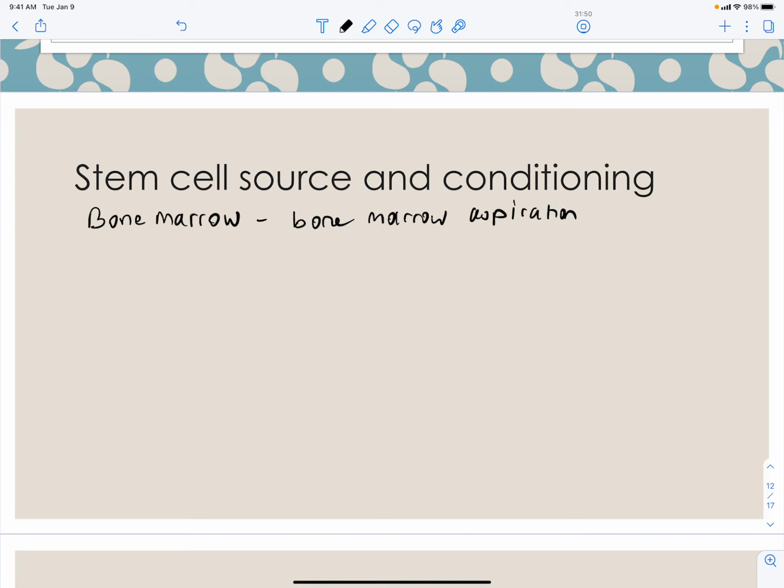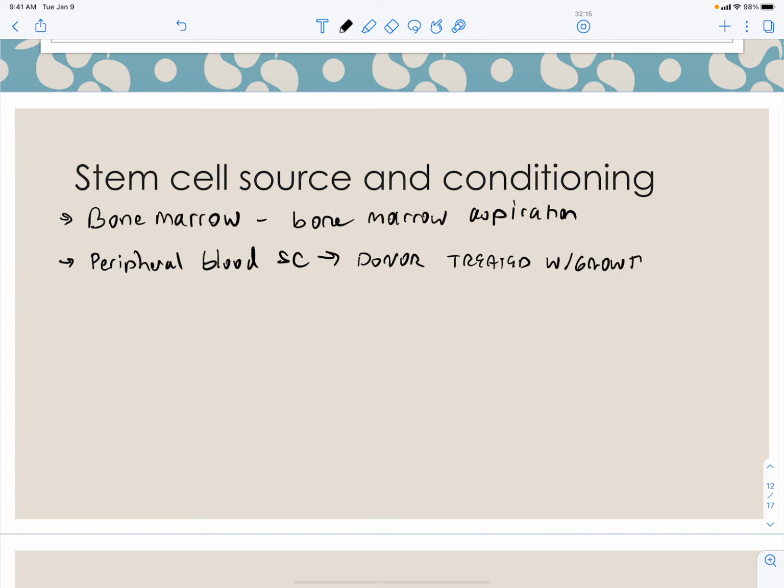There are also peripheral blood stem cells, and here the donor is treated with growth factors, such as colony stimulating factors, and this increases the number of circulating stem cells.